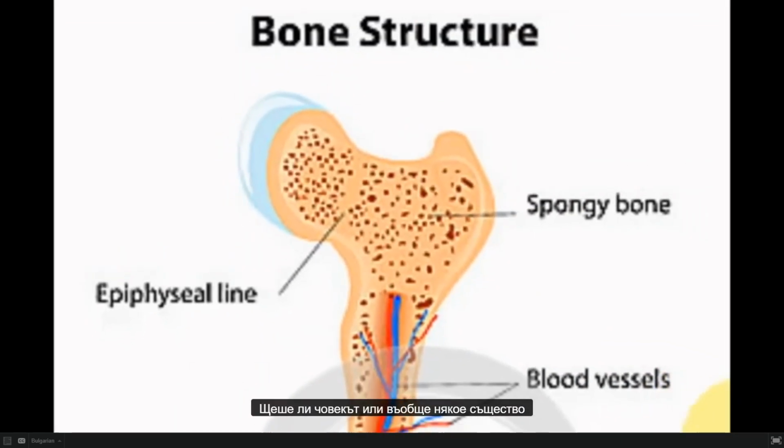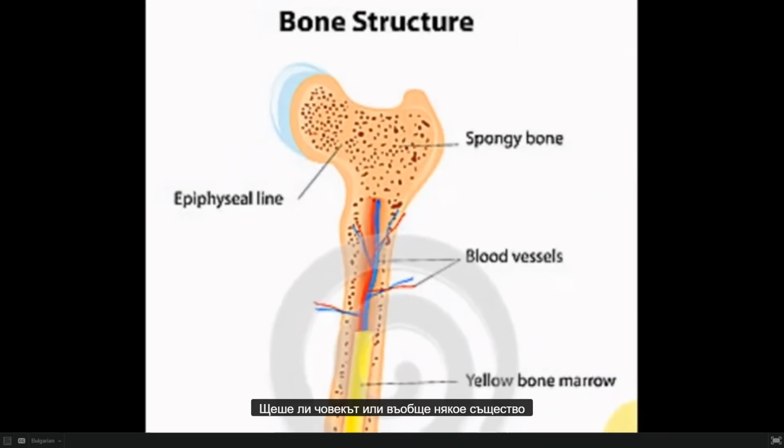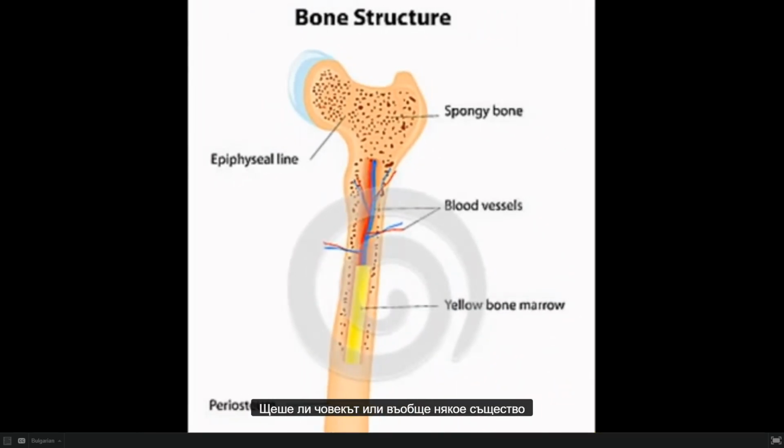Would the man, the human body, or any entity, be able to function without a bone structure? When you start asking that question, then you start looking at what the reasons are for the existence, production or creation, in the process of the evolution, of that piece in the body.